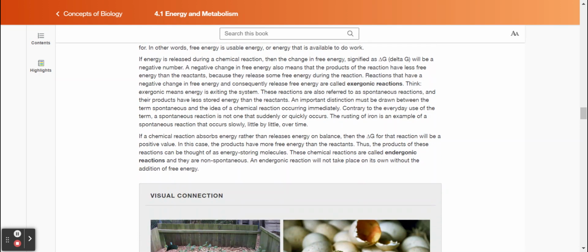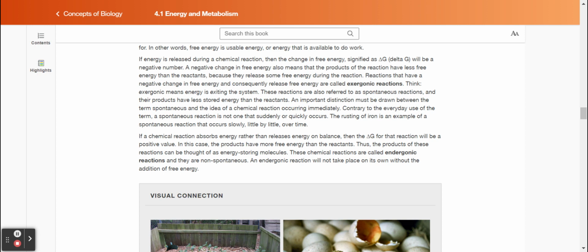If energy is released during a chemical reaction, then the change in free energy, signified as delta G, will be a negative number. A negative change in free energy also means that the products of the reaction have less free energy than the reactants, because they release some free energy during the reaction.